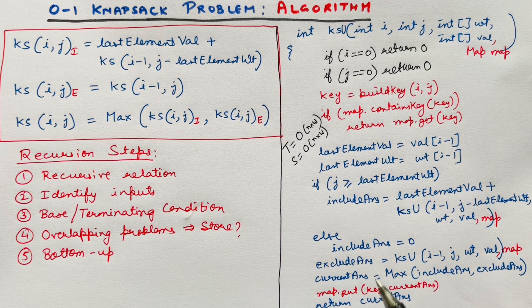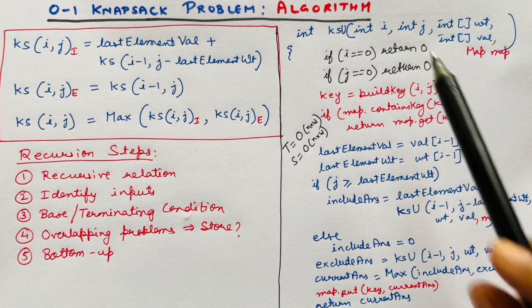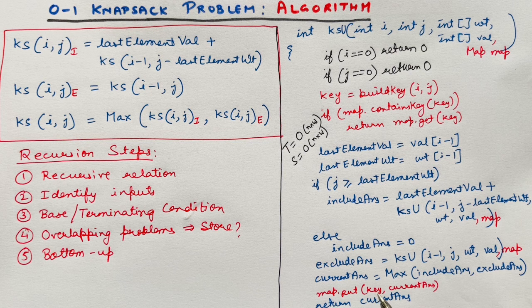In the algorithm, we first calculate the include answer and then we calculate the exclude answer. But we choose only one among the two, the one whose value is maximum. That means at this stage, for the i and j combination, we know whether we should include the last element or not. Now this gives us a hint that it is probably possible to trace the items that were included in the knapsack.